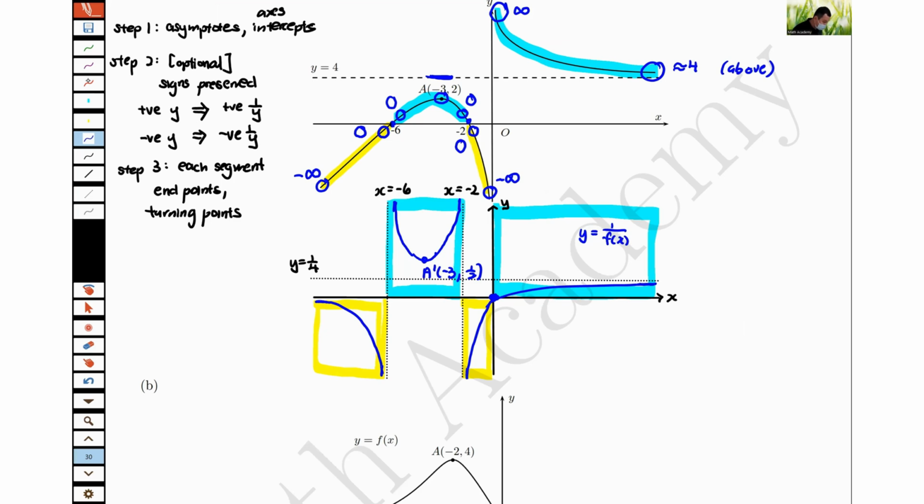Just one last feature first on a special situation. On this left-hand side, because this graph tends to minus infinity, look at what happens to the new graph. It tends close to the horizontal axis. It creates a new asymptote at 0.